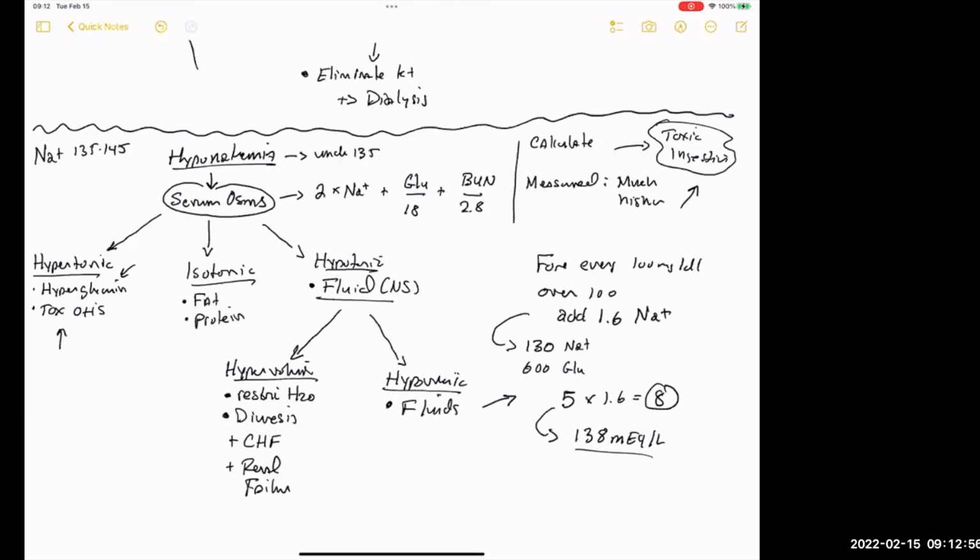And then there's also something called euvolemic, where the volume status is generally going to be okay. And we treat it similar to hypervolemic, and you want to restrict water. All right. Sometimes this is referred to as dilutional. Sodium is diluted out.